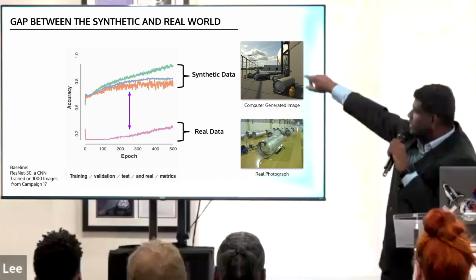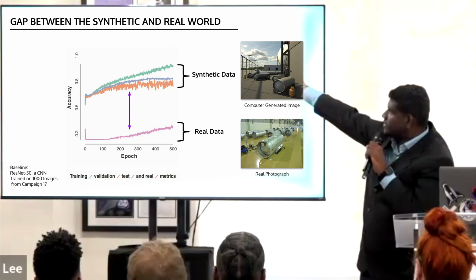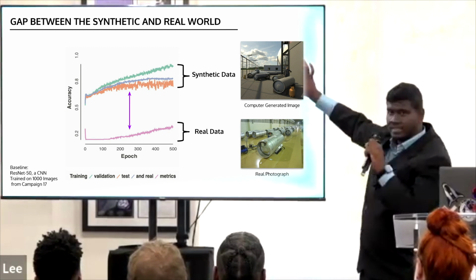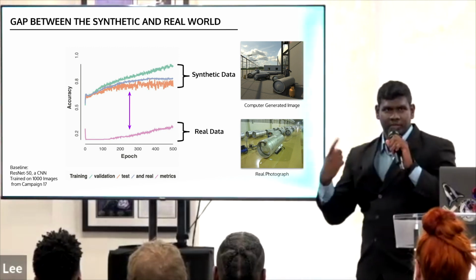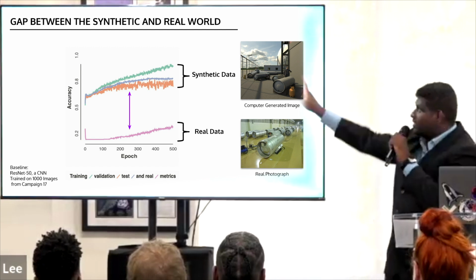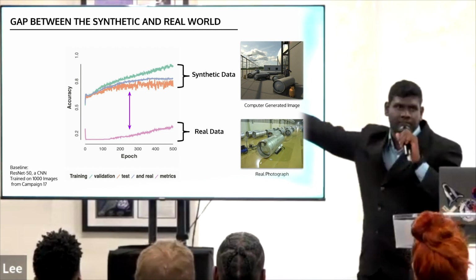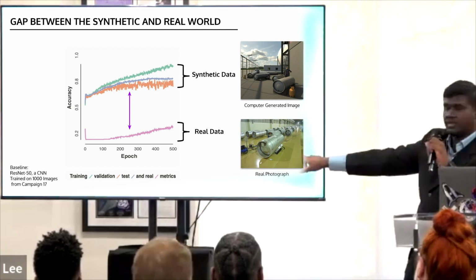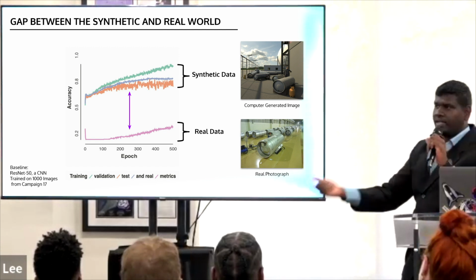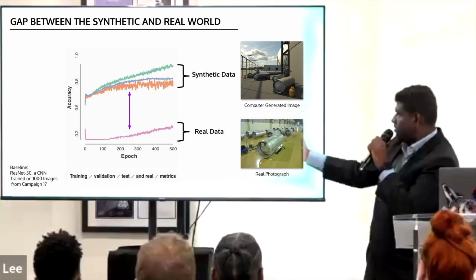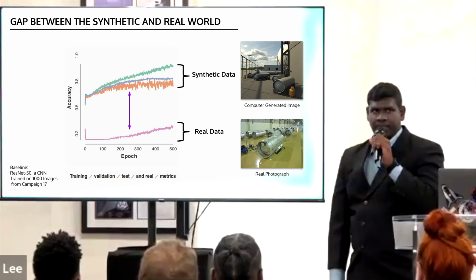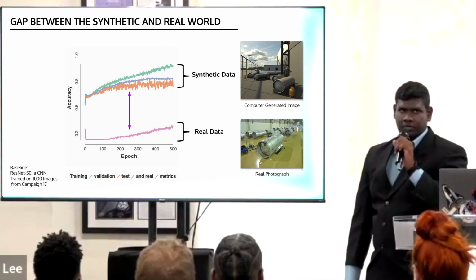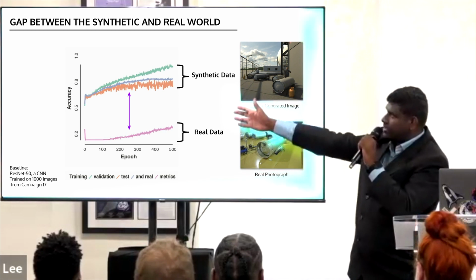At the top, there are computer-generated containers located in that image. And to us humans, we can look at this picture, learn what a container looks like, and when presented with this real picture, we can identify instantly, yeah, there are several containers out there. But the model fails to do so. So that's what this slide is telling.